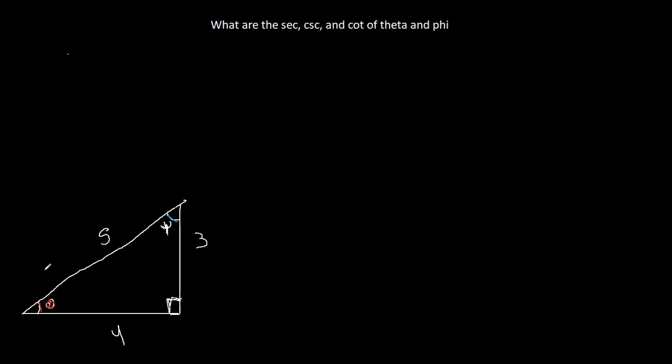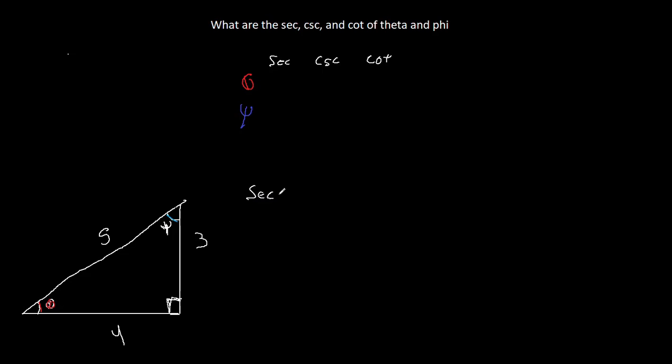We have theta again, and we have phi again. So I'm going to go ahead and make that same table we made last time with theta and phi. And again, we're calculating the secant, the cosecant, and the cotangent, right? And so what I want to do is quickly redo the definitions here for secant.